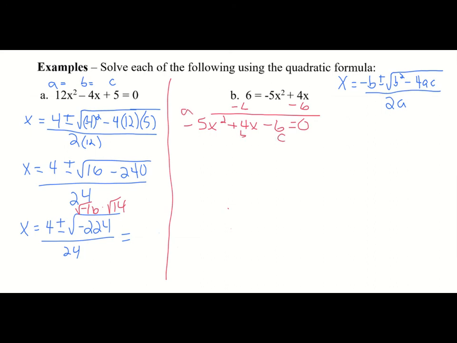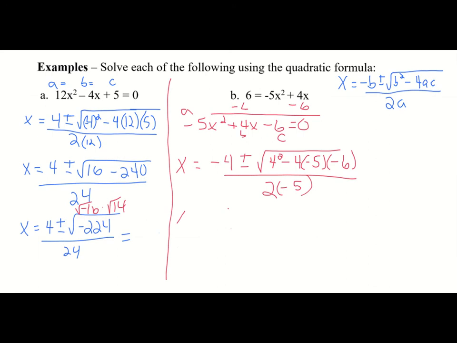So we will have x is equal to negative 4, because it's the opposite of b, and b was positive 4, plus or minus the square root of 4 squared minus 4 times a, which is negative 5, times c, which is negative 6, all over 2 times negative 5.